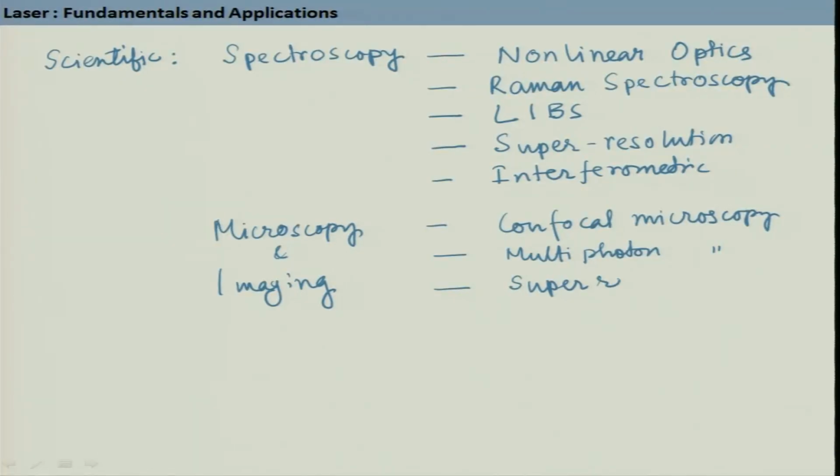Okay. So, when we call it super resolution microscopy here, it essentially points to the spatial resolution, that is, how you can separate two points in space which are very close.